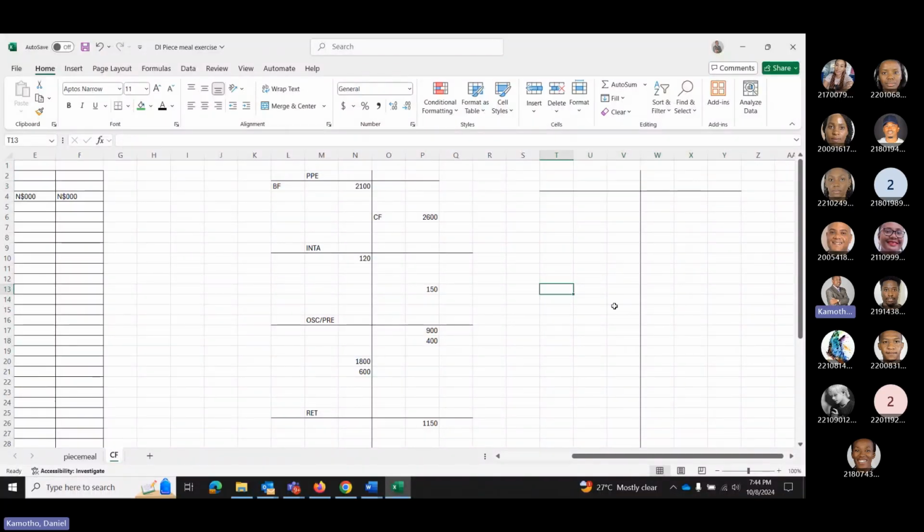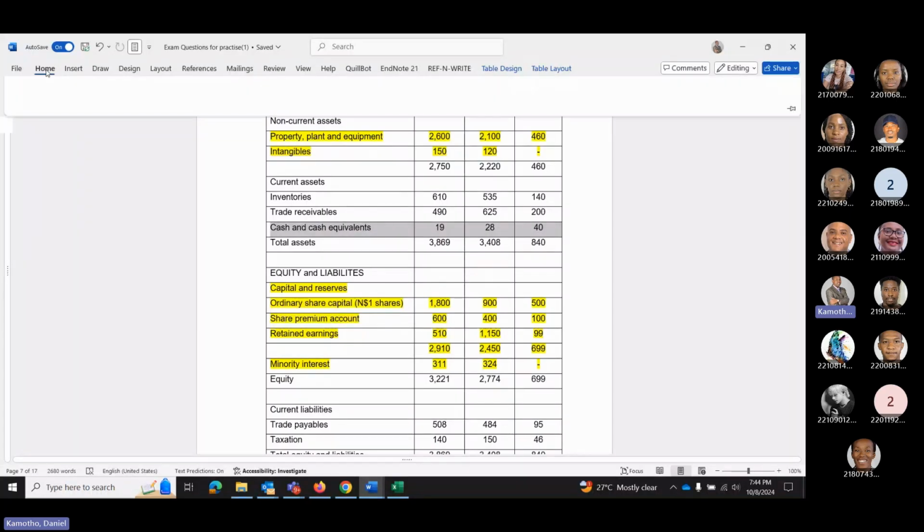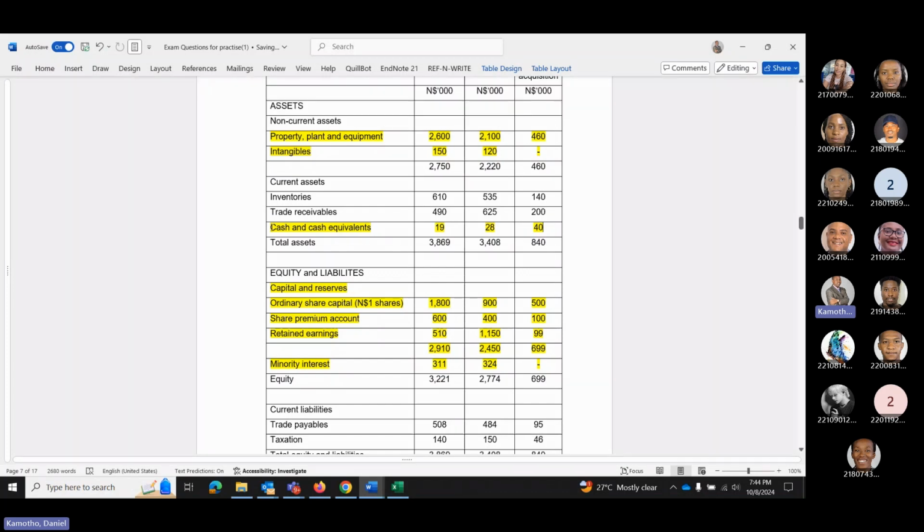So let's see how many accounts we have. For current asset, we have inventory and trade receivable, excluding cash and cash equivalent. Cash and cash equivalent, we must always exclude that. We can transfer the figure, but I'll show you how.